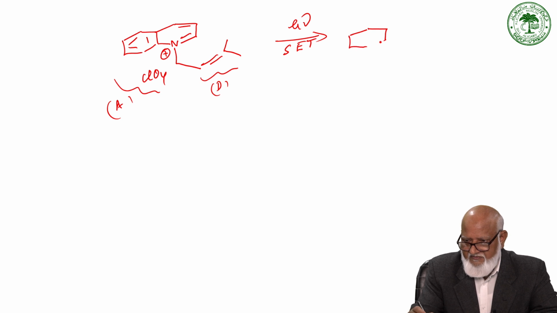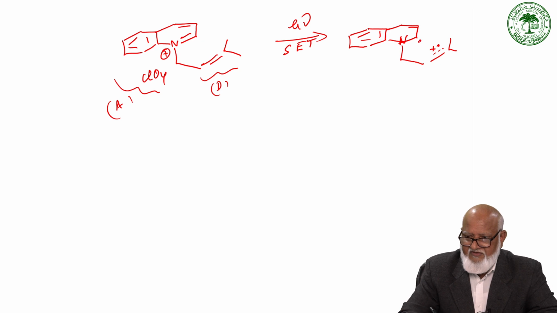In the ring system, we have a nitrogen here, this one, and then we generate a radical cation. This is a carbon-centered radical.